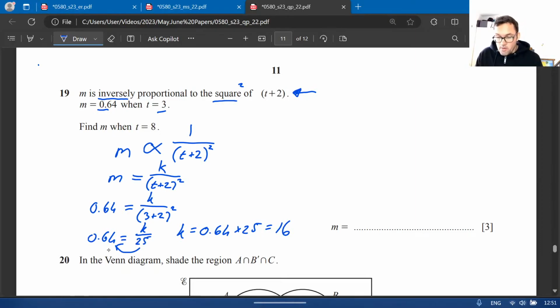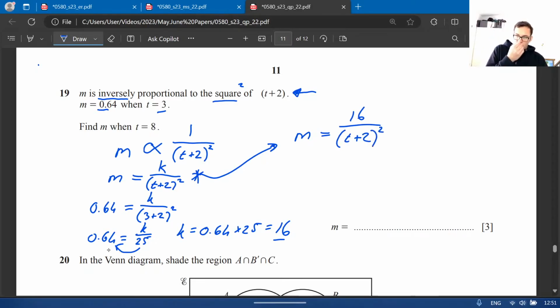Now we can rewrite our equation. That's the equation. We write m equals, but we know now k is 16, so it's 16 over the square of t plus 2. Why is this good? Because now we can use this equation to work out any other value of m or t if we have one.